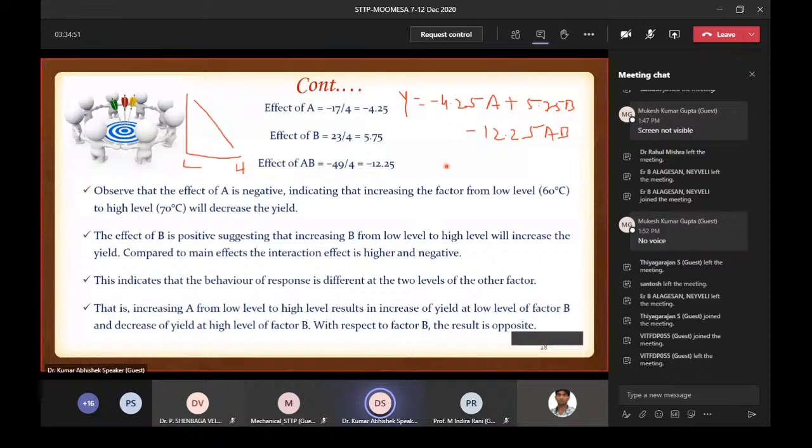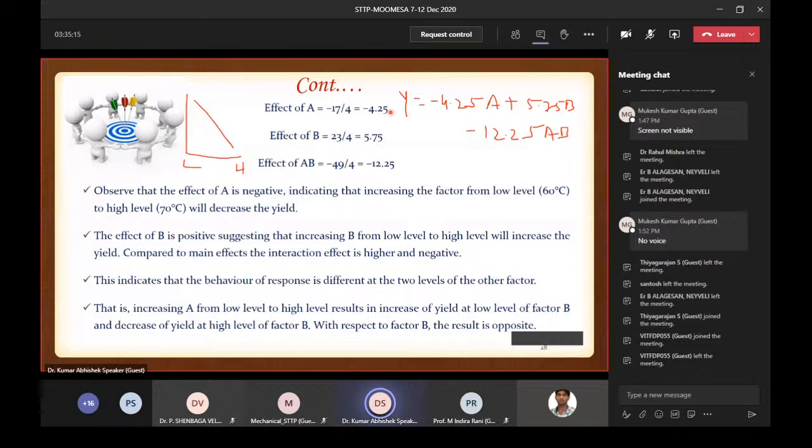So this way, from these effects, you are going to conclude whether these factors affect the output and in which way. कैसे ये इफेक्ट कर रहा है यहाँ पे?